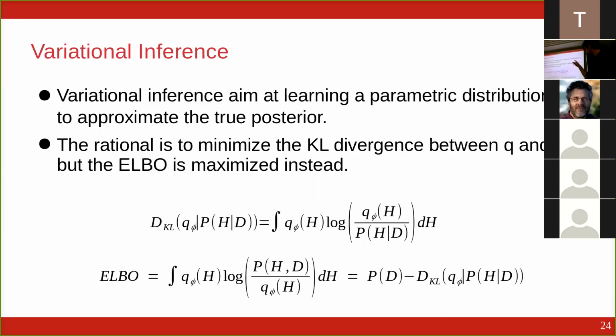But since this requires knowing the posterior, what you want to do most of the time is maximize the evidence lower bound instead, which is in fact equivalent to minimizing the KL divergence, since both are equivalent up to a constant, which is the probability of the data set.